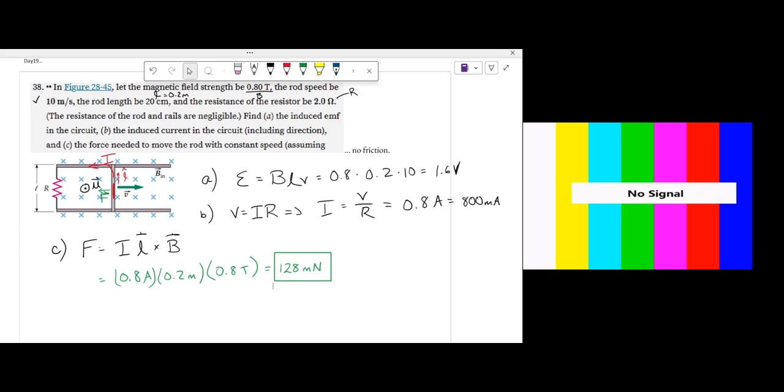The speed did give us the induced EMF right here, so it does matter.